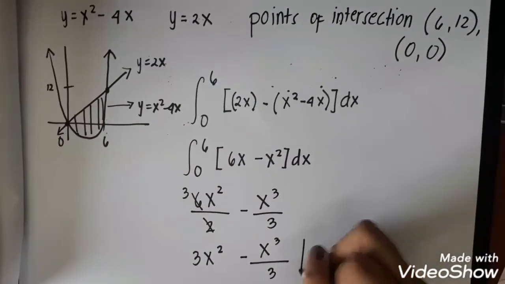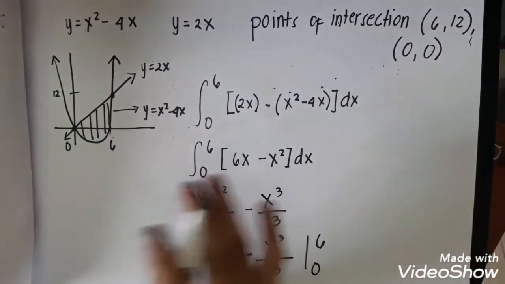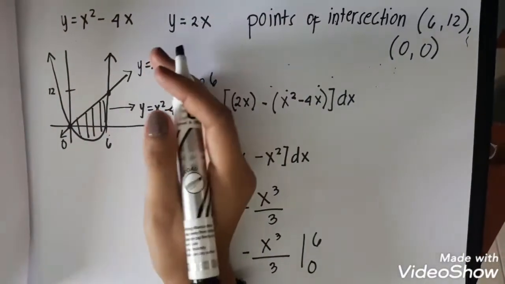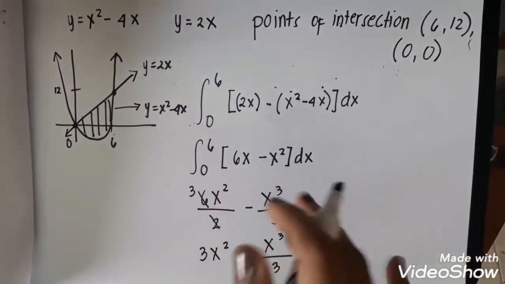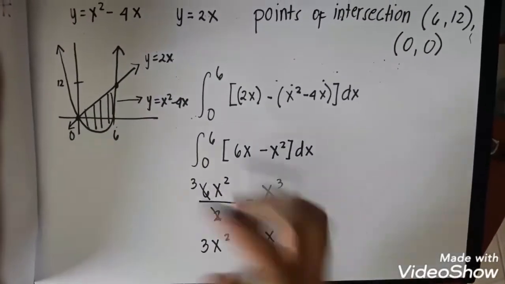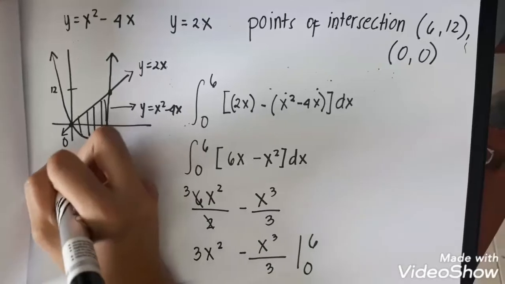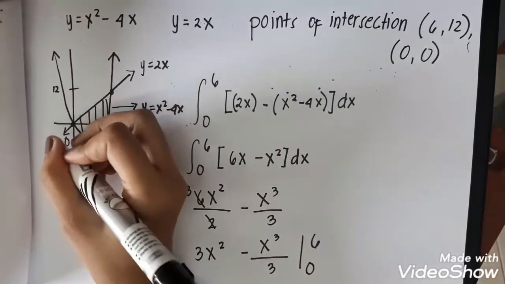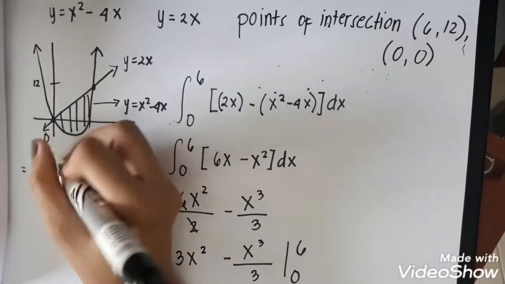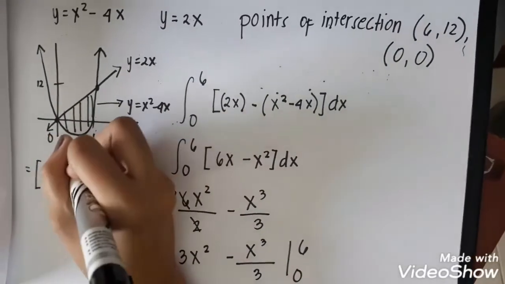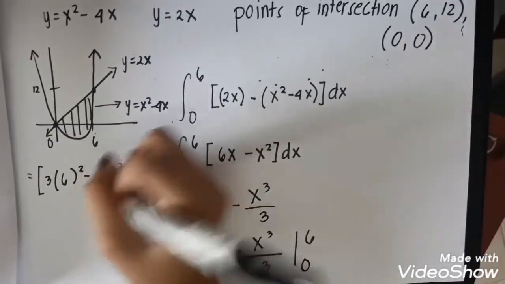And we'll have to integrate this from 0 to 6. So now we'll have to plug the values. First, the upper limit, then subtract the lower limit. So this is the upper limit and then the lower limit. So 3 times 6 squared minus 6 cubed over 3.